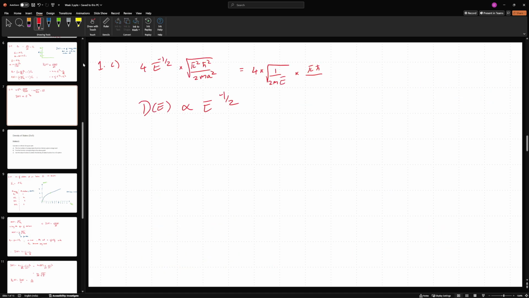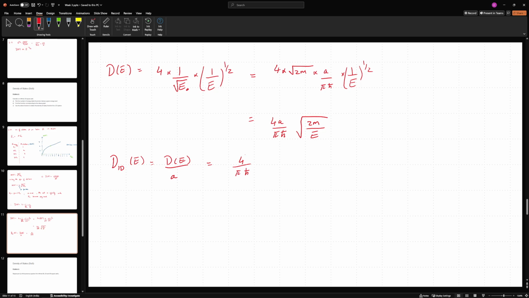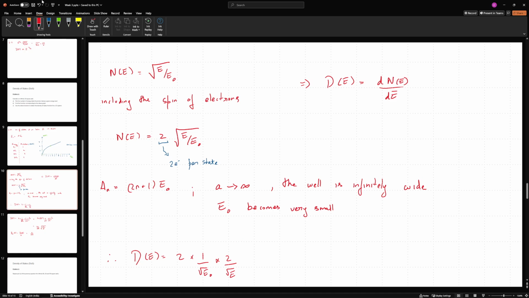So 1 by 2 and 1 by 2 will cancel each other. So here it's going to be E to the power half. So nothing here. So 1 by 2 m by pi h bar. So I'll arrive at a similar looking quantity here. So there is no 4 here. I apologize for the mistake, and I would have also appreciated if someone had pointed that out to me. Never mind, the mistake has been identified and the correction has been made.